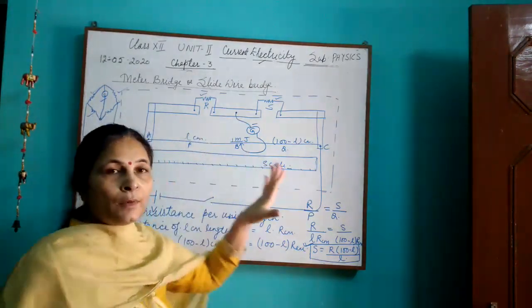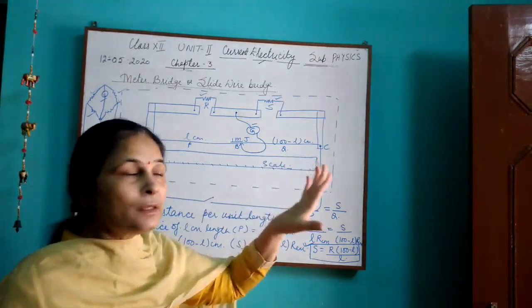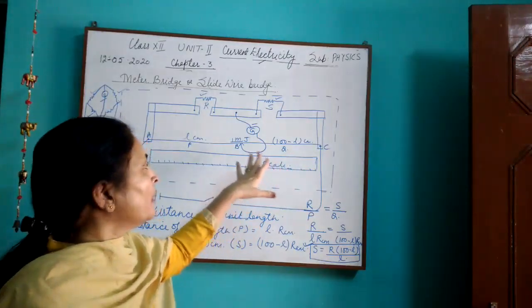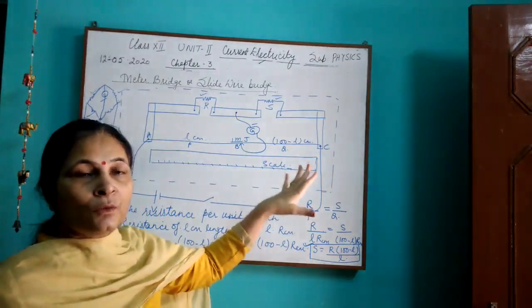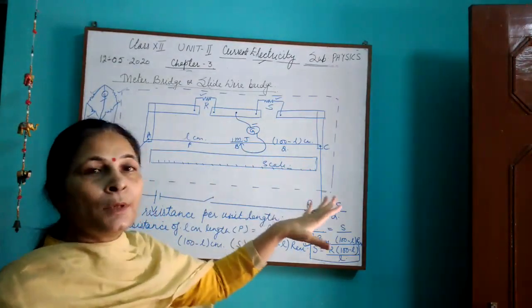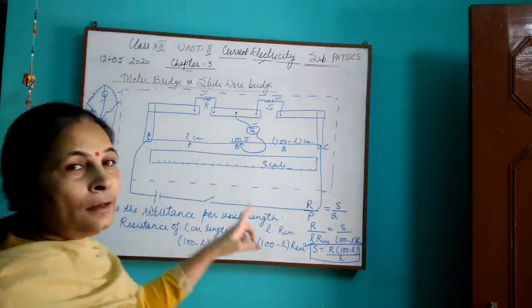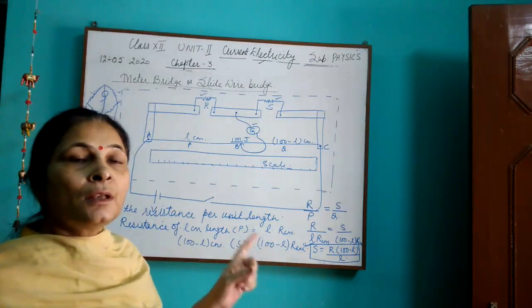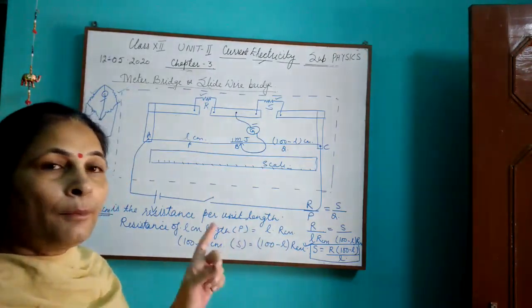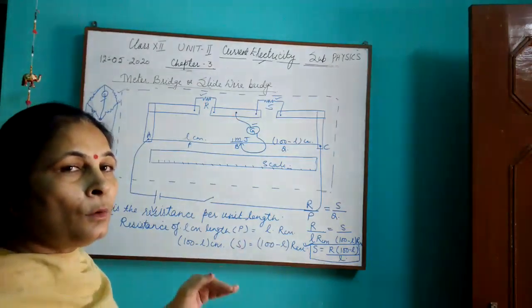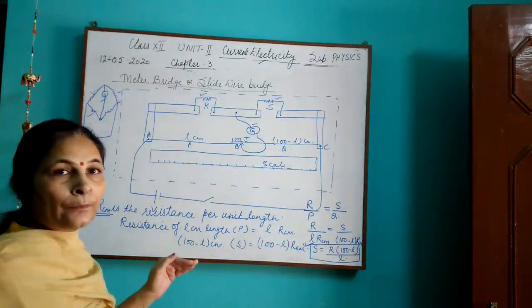Now again I am repeating, what all you have to learn is a very, very important part. The application of Wheatstone bridge, one of the questions in one or the other form may be asked in the examination every time. First thing, meter bridge is an application of balanced Wheatstone bridge, and the application is to determine an unknown resistance.